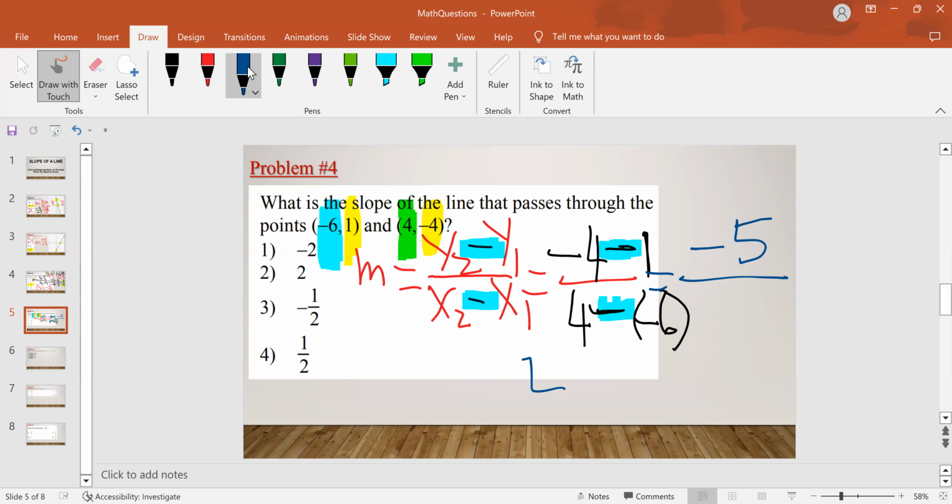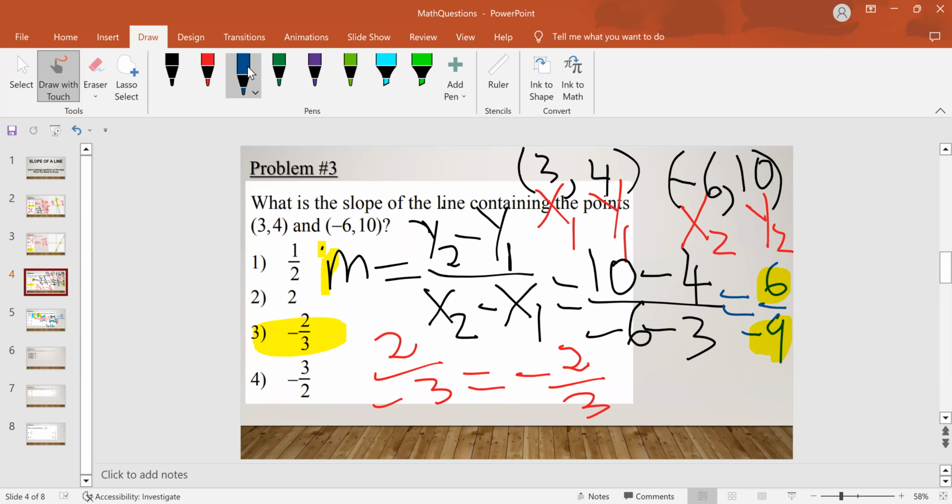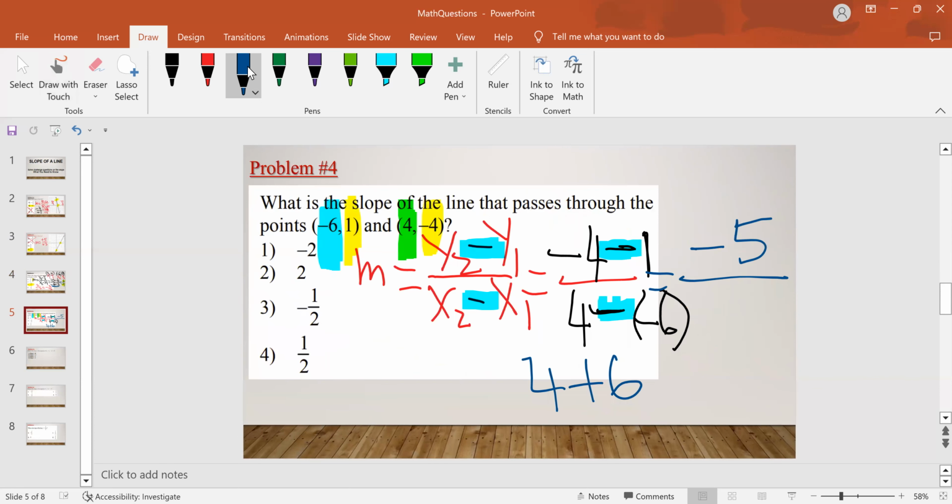So you're going to have 4 plus 6, because 4 minus negative 6 changes to 4 plus 6. This is different from the one we did before, negative 6 minus 3, because we don't have two negative signs together like here, when we have 4 minus negative 6. So 4 minus negative 6 is 4 plus 6, which is 10. So we have negative 5 over 10.